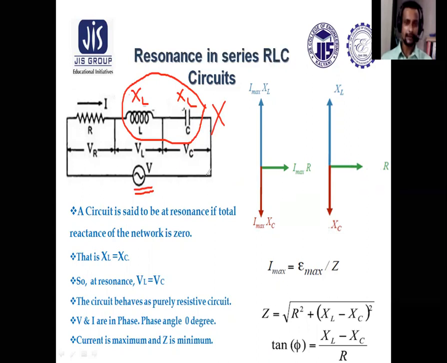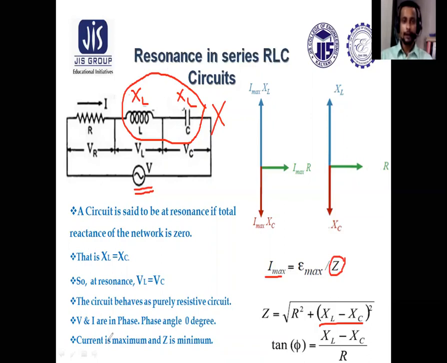In that case, as there is no reactance part, this part will be 0. Z will become equal to R. So Z, or impedance, will become minimum. As I is equal to E by Z, if Z becomes minimum, I will become maximum. So in case of resonance, current is huge.